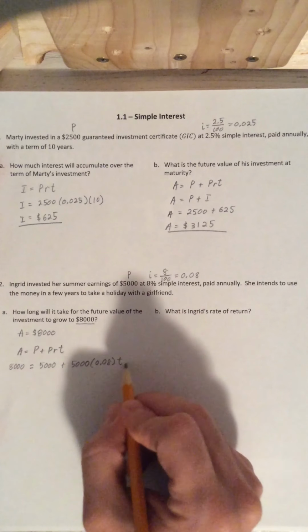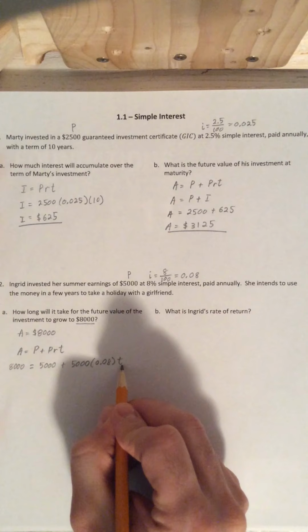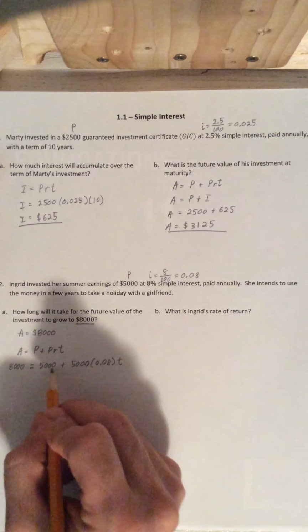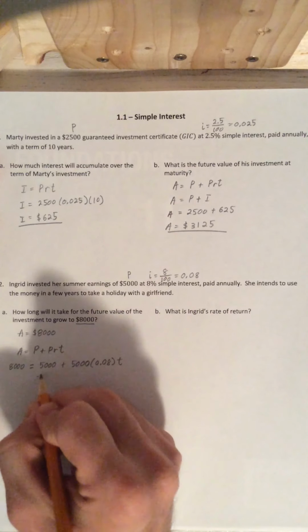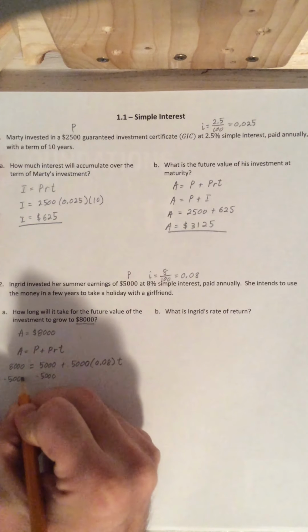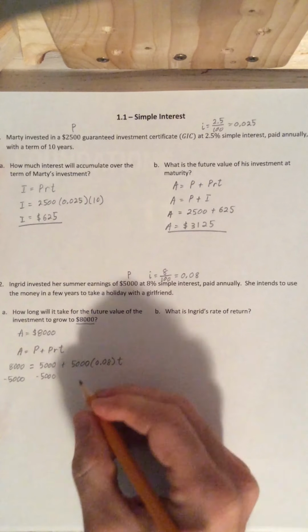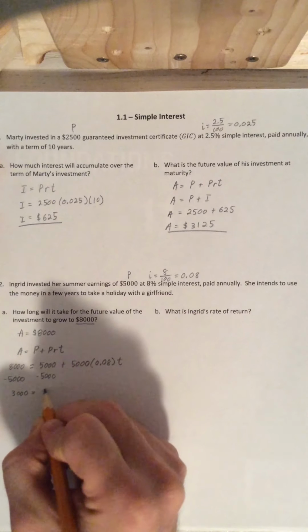So in order to isolate t, since the principal and rate here are being multiplied by the time, and then this principal is being added with this, to do reverse BEDMAS, we would first subtract this $5,000. Really what this is doing for us in terms of the equation is helping us figure out how much interest she really has to earn.